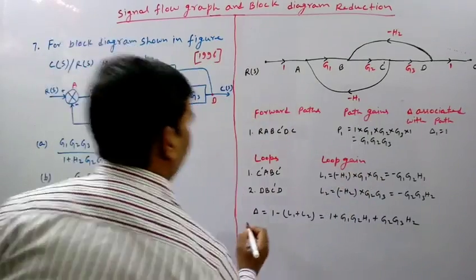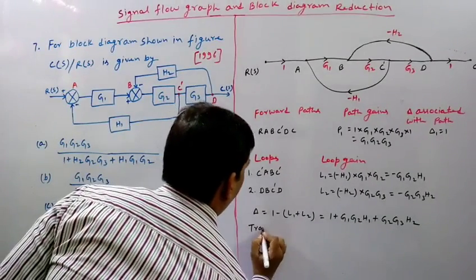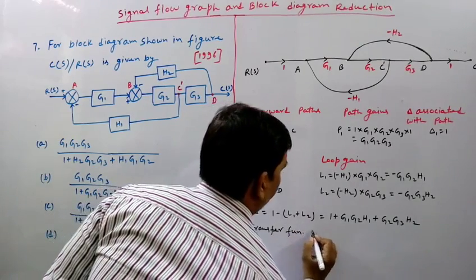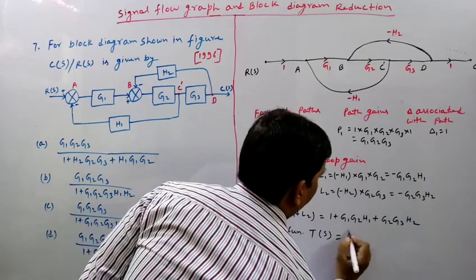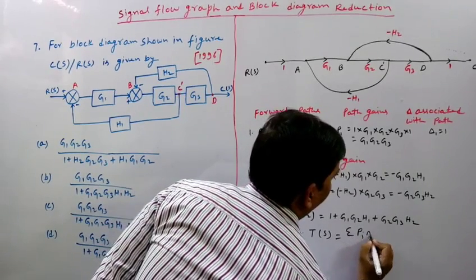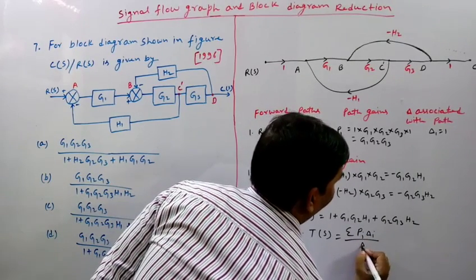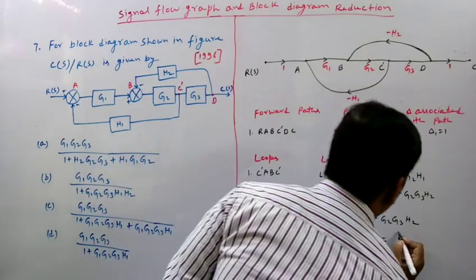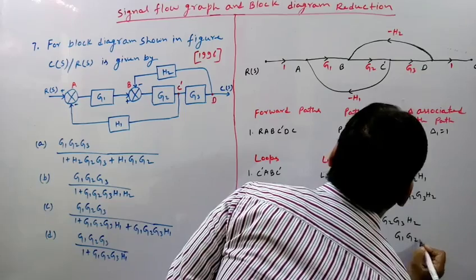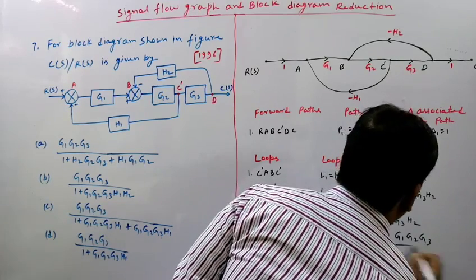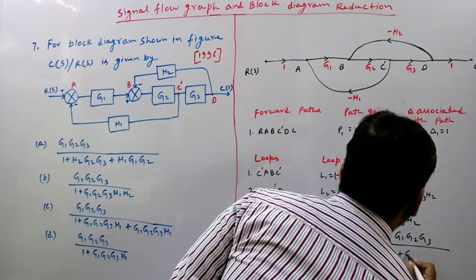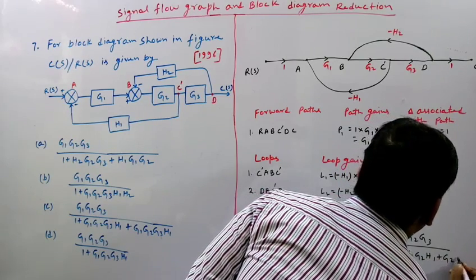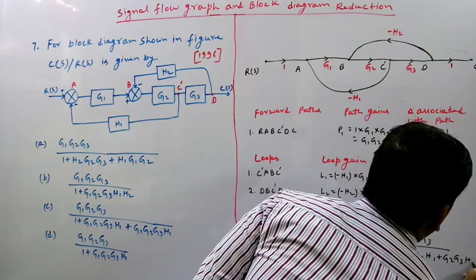Now the transfer function T(s) is equal to sigma Pi delta i divided by delta. Since there is only one path, it will be G1 G2 G3 divided by 1 plus G1 G2 H1 plus G2 G3 H2.